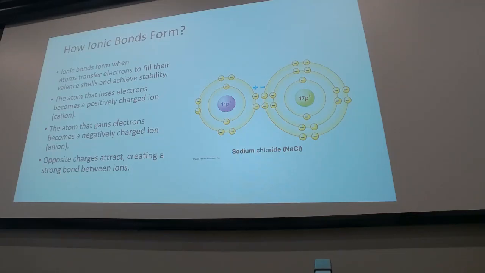Okay. So here is the cartoon showing you how ionic bonds form. In this case, we have sodium and chlorine. If you see in here, in the first shell, both of them have already filled their first shell with the 2 electrons. And this one has already its 8 electrons in the second one, so it has 2, 4, 6, 8.